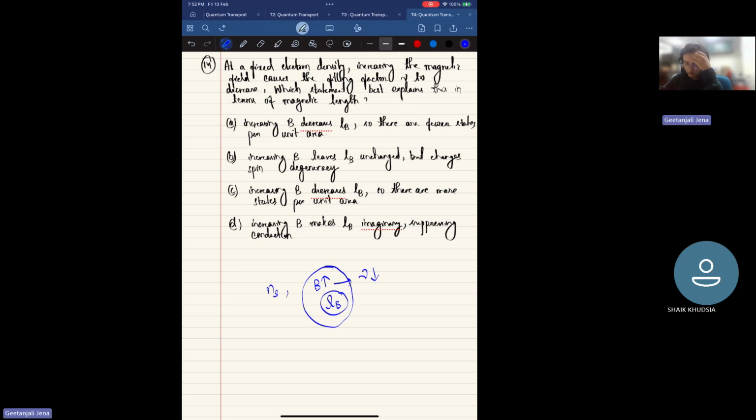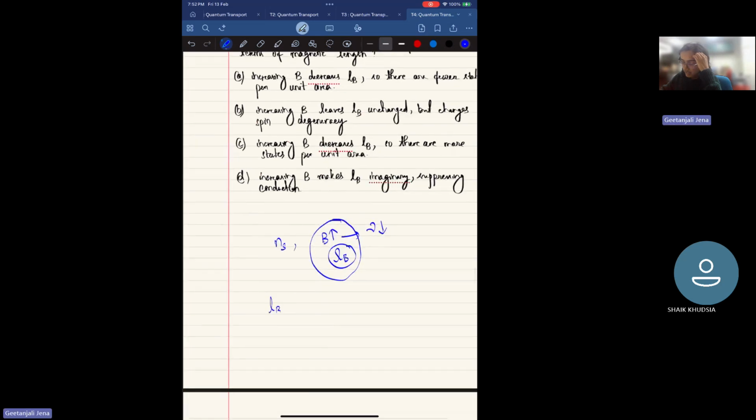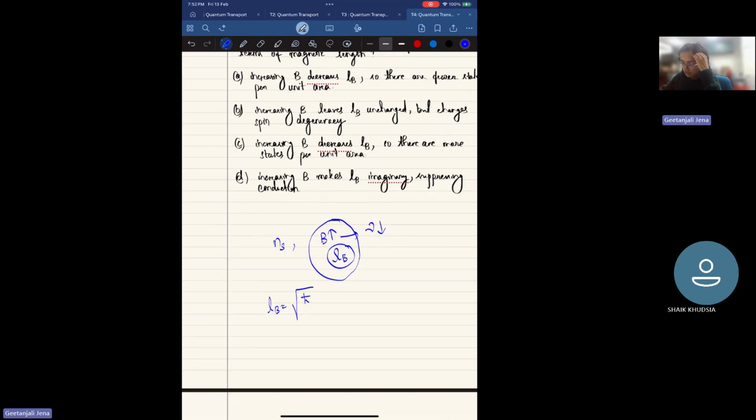Okay. So for this, if you recall, LB is square root of h cut by eB, right?